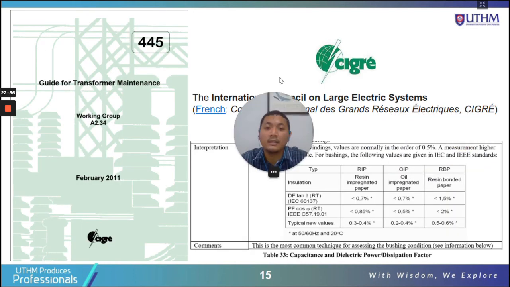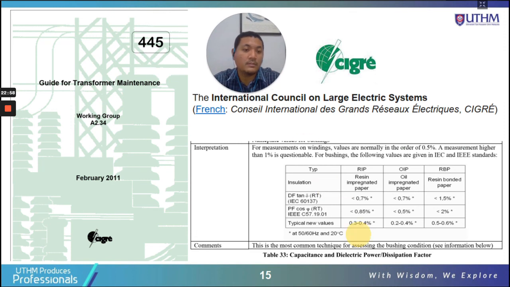Right, this is tan delta test or dissipation factor test. Okay, if the test gives a value, for example, 1%, which is above the recommended limit, the acceptance limit of the table, okay, it failed the test. Okay, because the tan delta value is very high, but you still can operate this.